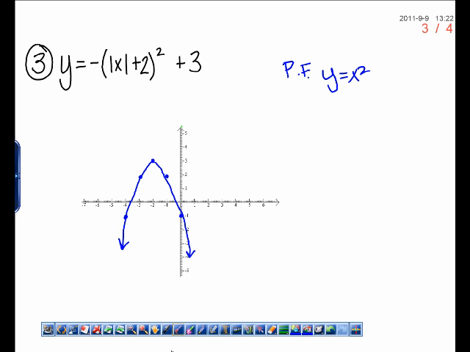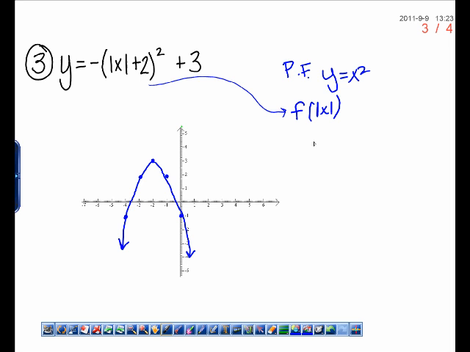Does everyone have it sketched? Okay, let's talk about our rule here. This is like f of the absolute value of x. Now let's think back when we talked about transformations. What did we learn about that? Throw out negative x's.